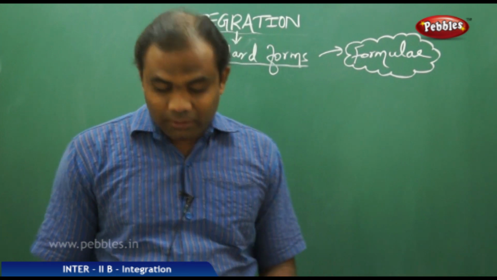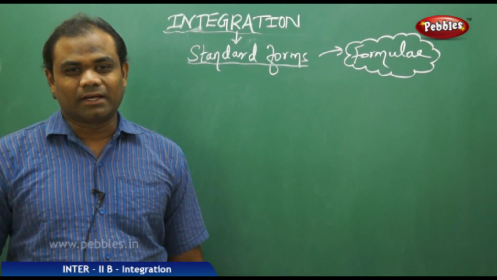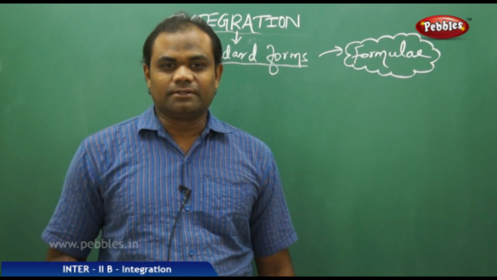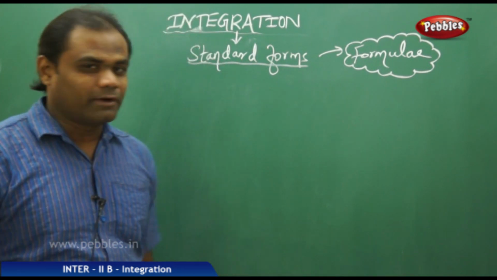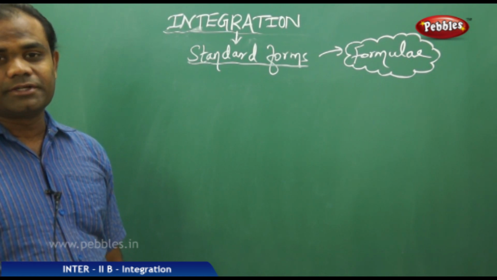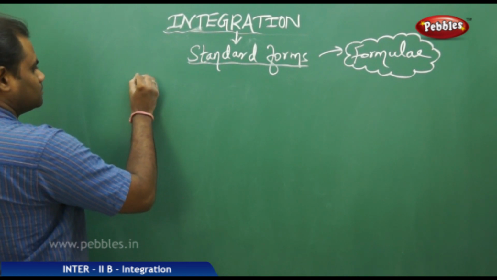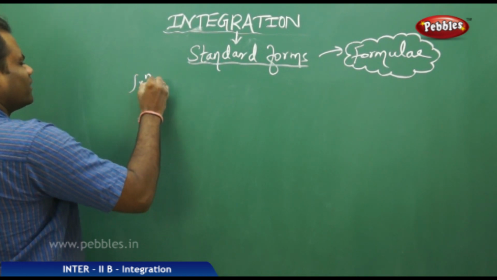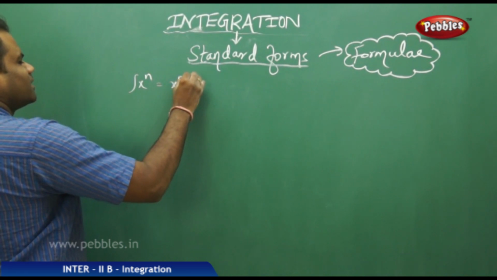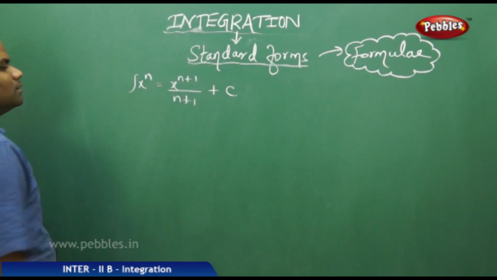Now there are some standard formulae which we must remember in case of integration, just like the standard formulae in derivatives. So for some standard functions, let's see how we can memorize the integration formulae. To start with, the integral of x power n is x power n plus 1 by n plus 1 plus c.